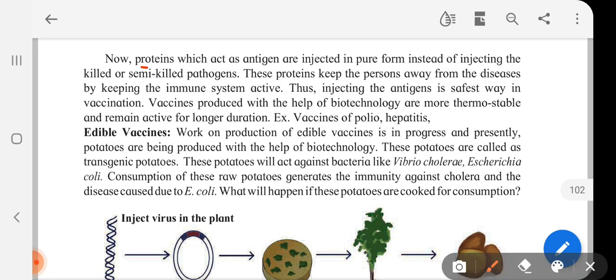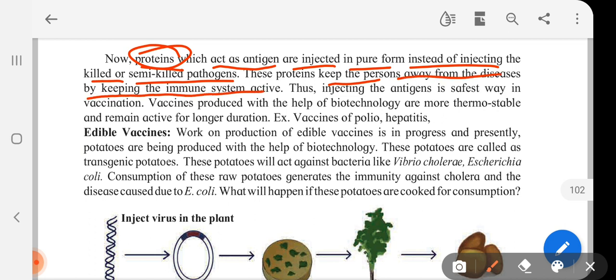Now, proteins which act as antigens are injected in pure form instead of injecting the killed or semi-killed pathogens. So they inject only proteins. These proteins keep the person away from the disease by keeping the immune system active. Thus, injecting the antigen is the safest way in vaccination.